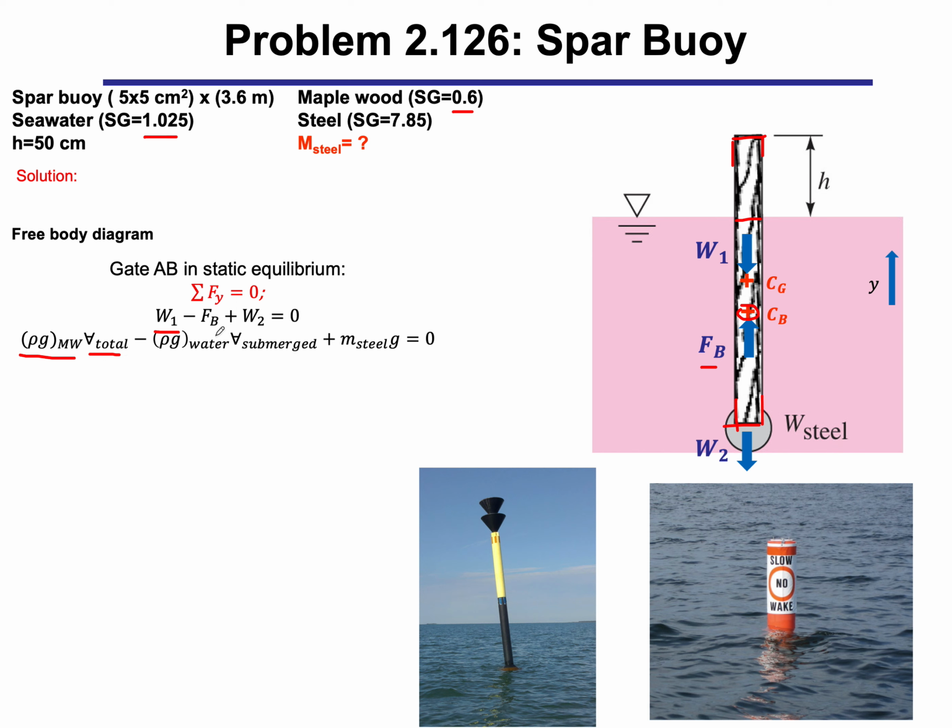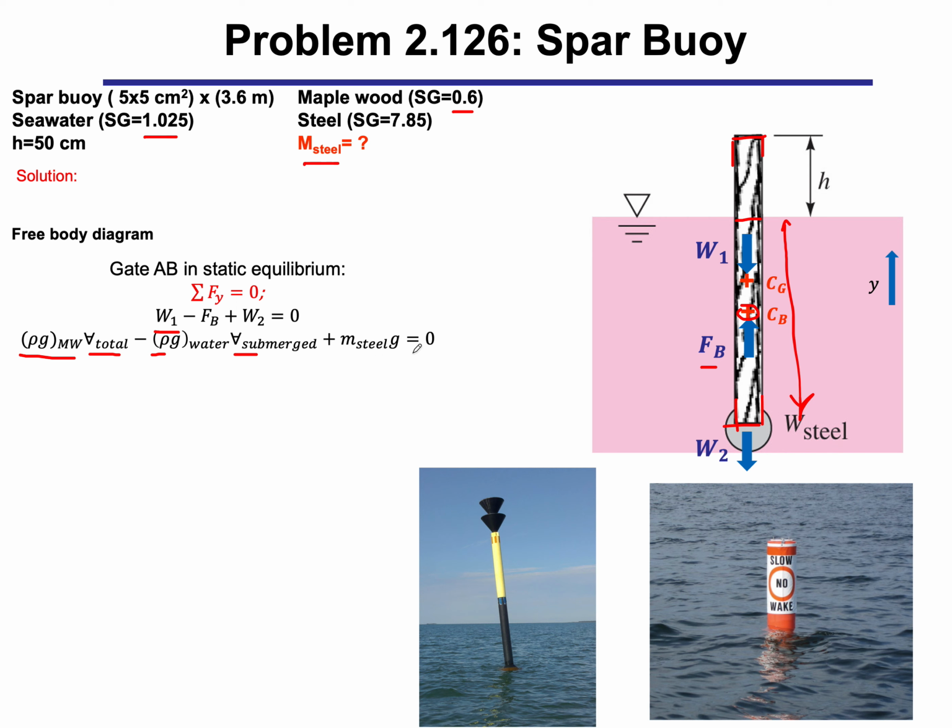The buoyancy force, however, comes from the density of the surrounding water multiplied by the submerged volume. And the submerged volume is only associated with the 3.1 meters. So the whole thing is 3.6, and the sticking part is 0.5, so we get 3.1. And the weight of the steel, because we were asked for the mass of the steel, we'll just keep it as m steel times g.